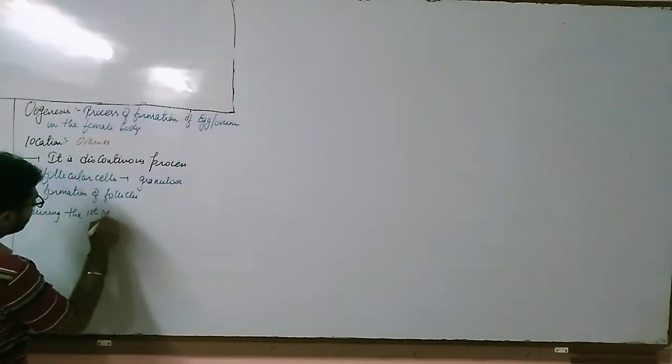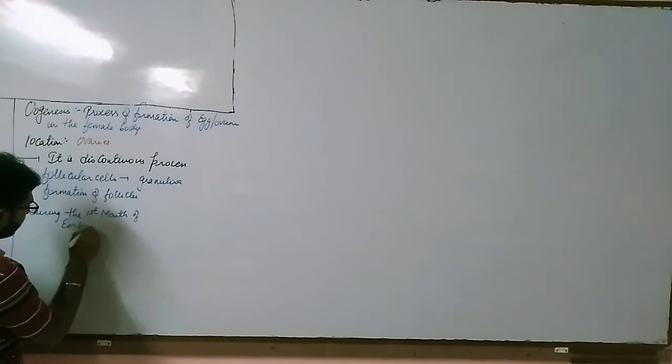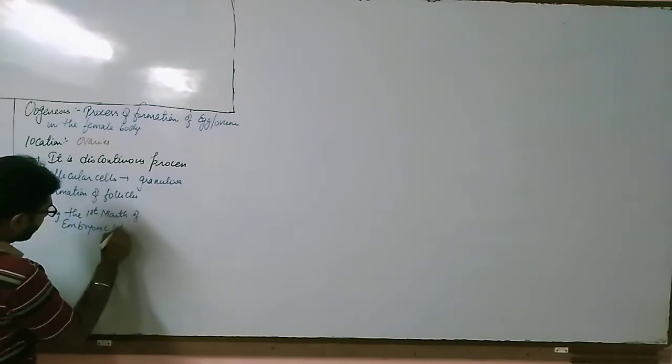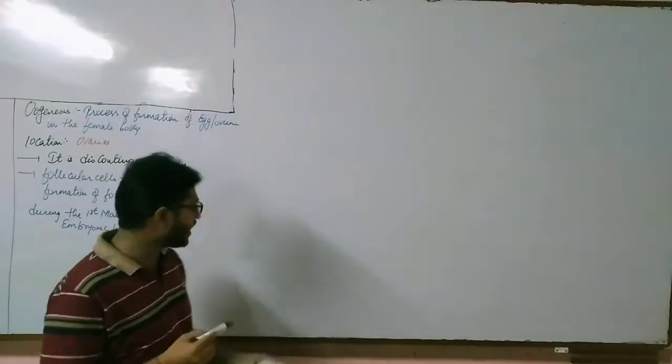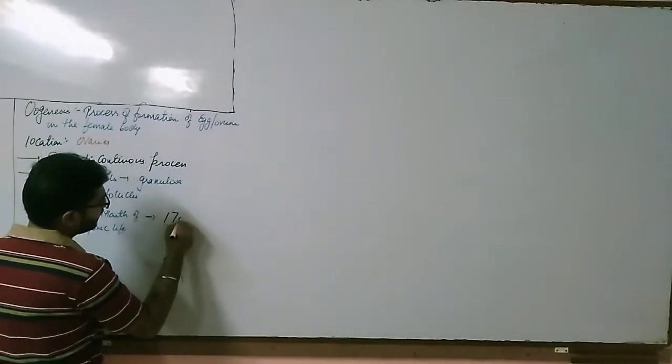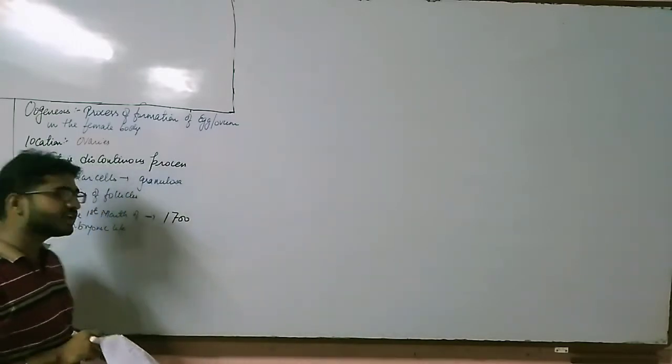Now, during the first month of embryonic life, the number of primary follicles present is around 1700. Now what is going to take place?